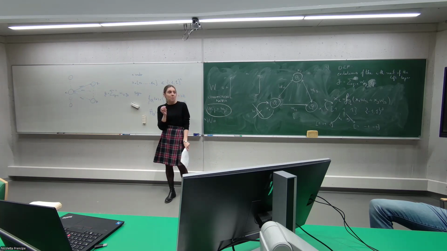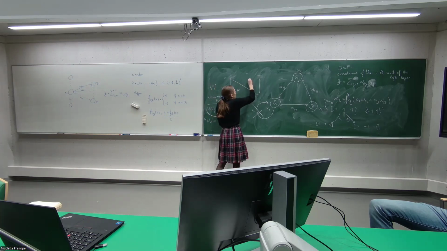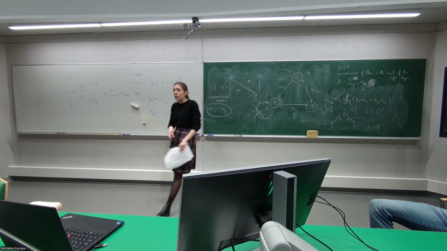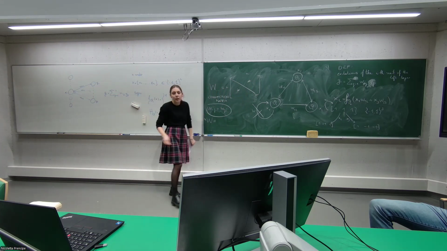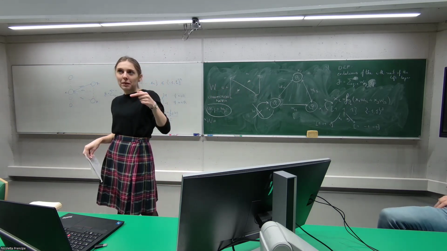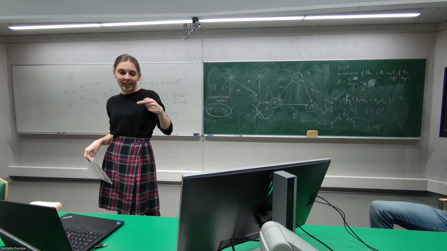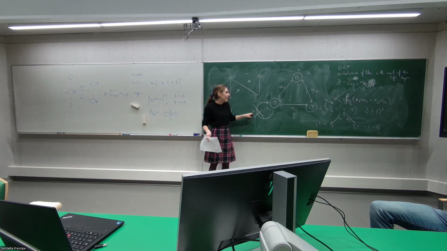A matrix is symmetric if in the diagonal I can put whatever I want, but this part is equal to this part. It's equal to its transpose, however you want to say it. Symmetry is due to the bidirectional edges. And zero diagonal means absence of loops, of things that go from a node to itself.